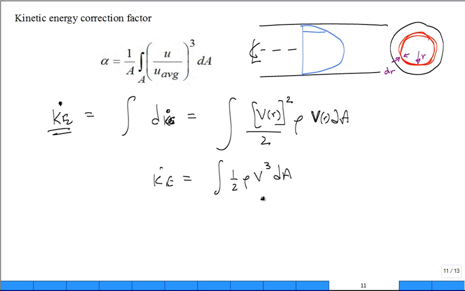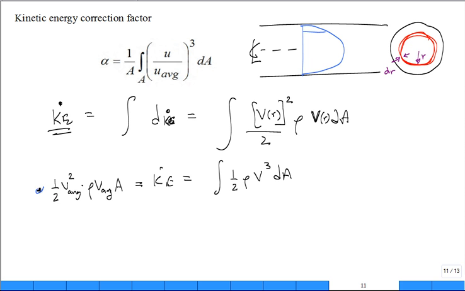And we would like to use an equation where we say the kinetic energy flow rate is just going to be 1/2 v average squared times rho v average area. That's what we like to do. So we can't do that. It's not going to give us the right equation, so we modify.